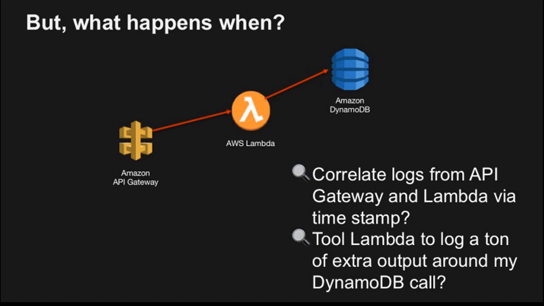You can set thresholds and dial up or down the number of logs you're getting recorded to get more data around specific function calls. So you can correlate all these logs in a fairly straightforward manner.